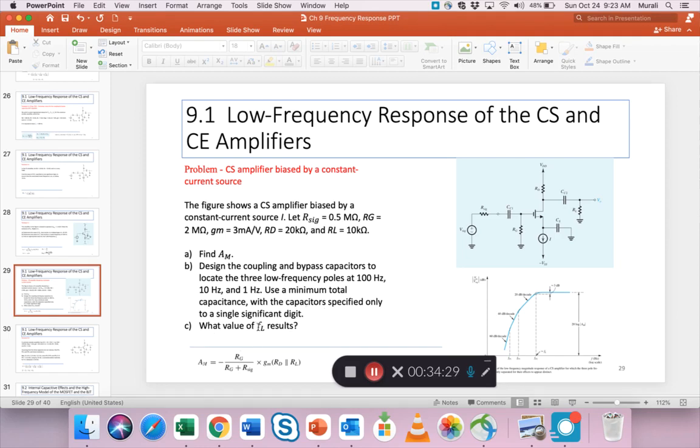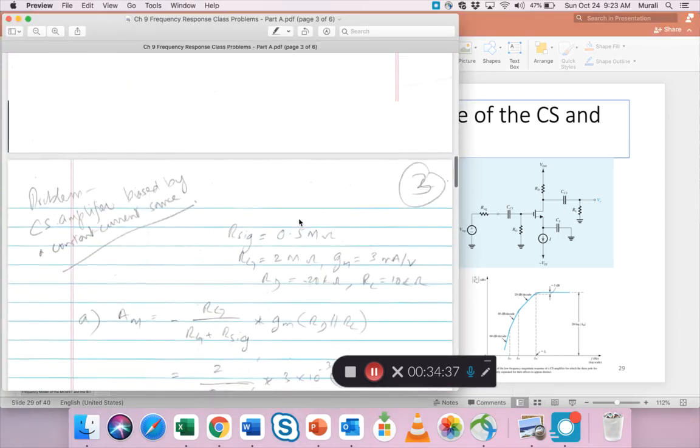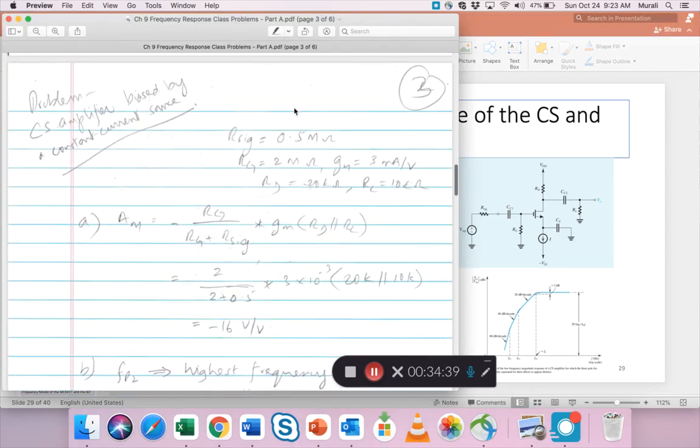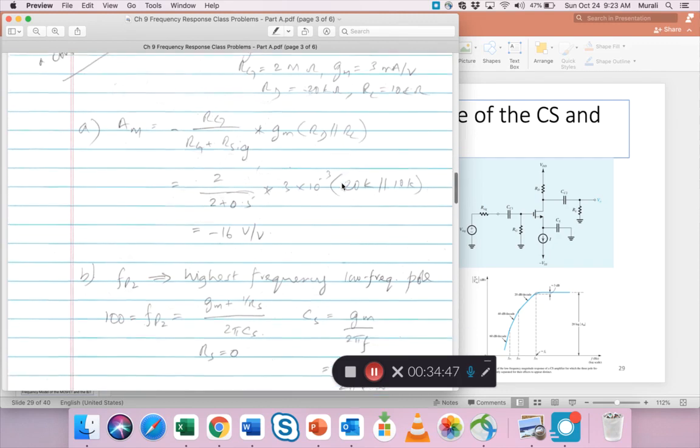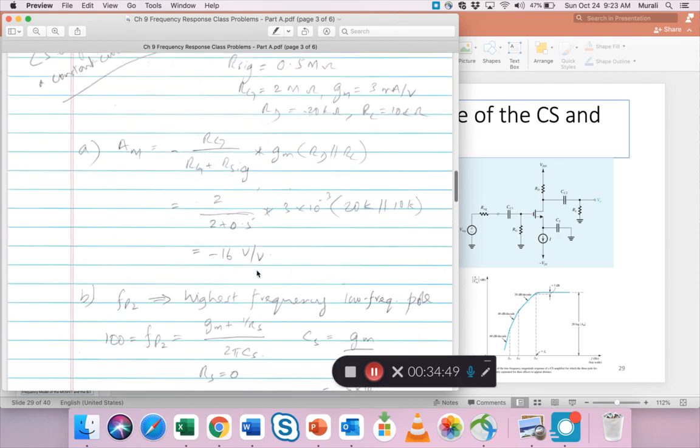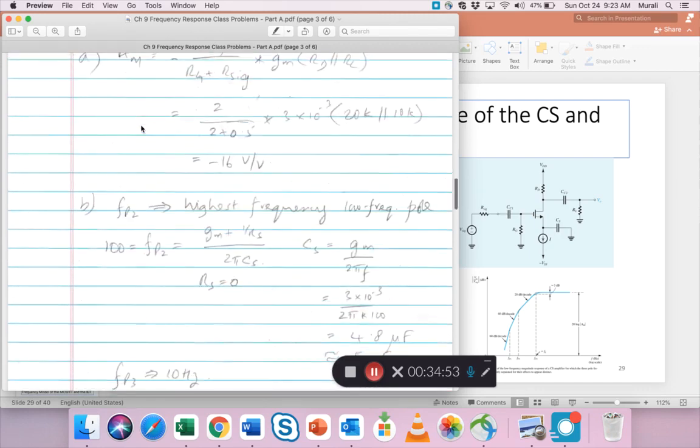Finally, what value of FL results? Okay, so let's see how to do this. So all the data is given, many resistors. Now AM uses the longer formula and we come up with 16 volts per volt magnitude for the mid-band gain.